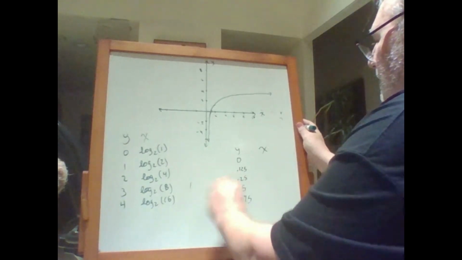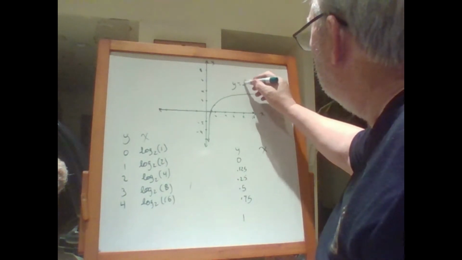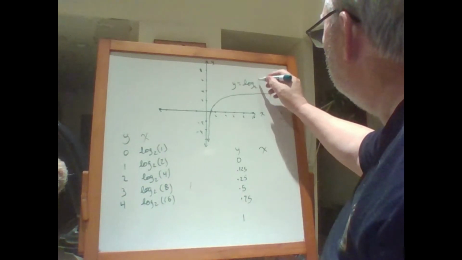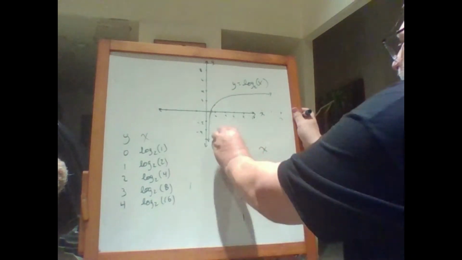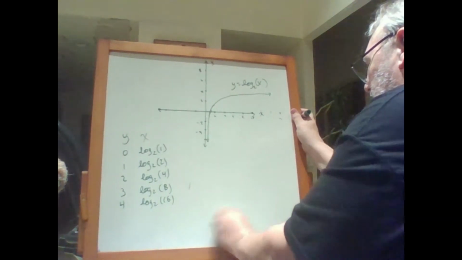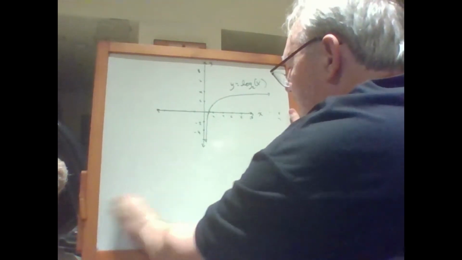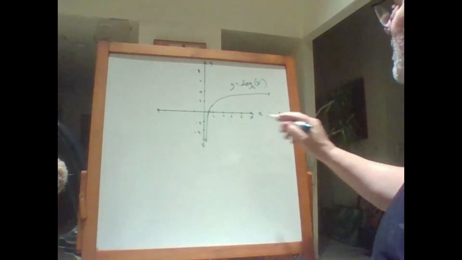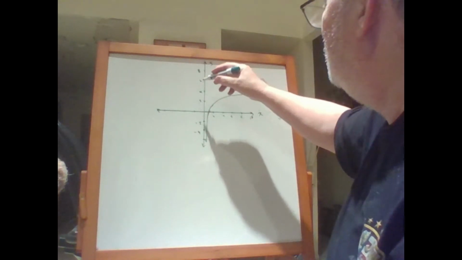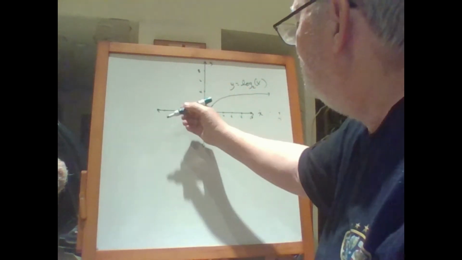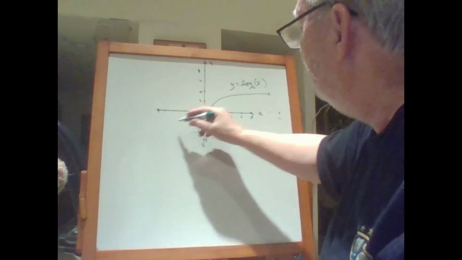So this is y equals log base 2 of x, or really base of anything, x. They all behave pretty much the same. We can do it with negative numbers, and it'll be similar. It'll be something of a mirror image of that.